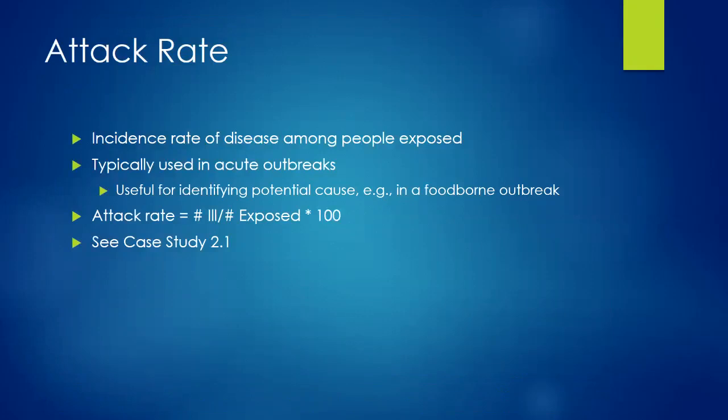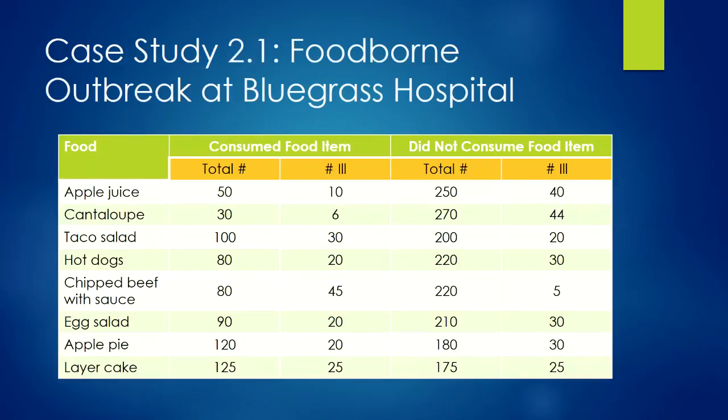So returning to that attack rate idea, we said this is just an incidence rate of disease among the exposed. Case study 2.1 in the textbook has an example of this. There's an outbreak of a foodborne illness at Bluegrass Hospital. This table shows how you would set up an investigation that utilizes an attack rate.